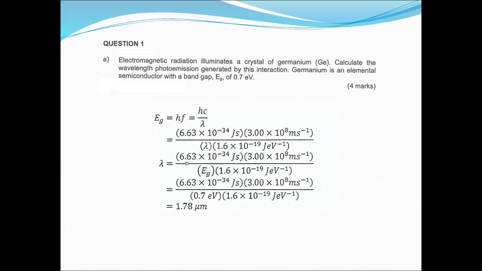So here lambda is equal to the Planck constant h, the Planck constant without the bar. The value of h here is 6.63 times 10 power of negative 34 joule second.